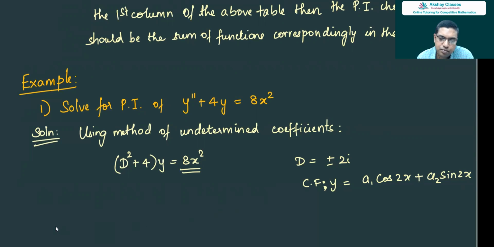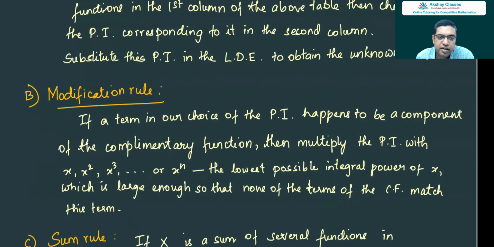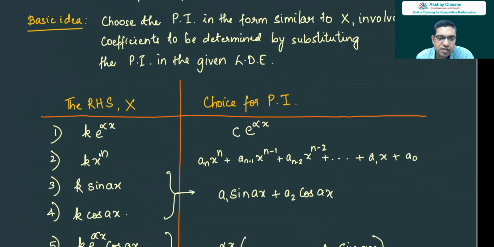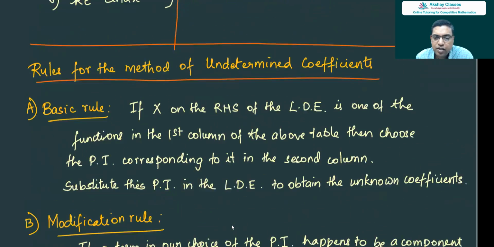Alpha is 0, so we get this. You don't have to worry about that. Now let us look at the right hand side. The right hand side is x power n, x square. So we have to choose a polynomial such that its highest power is x power n.